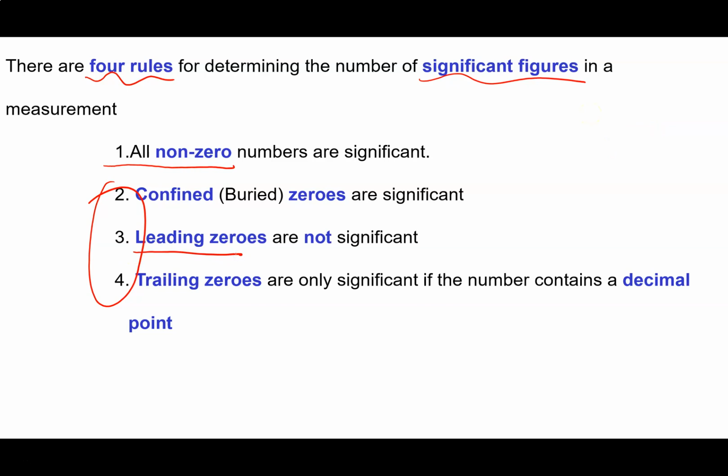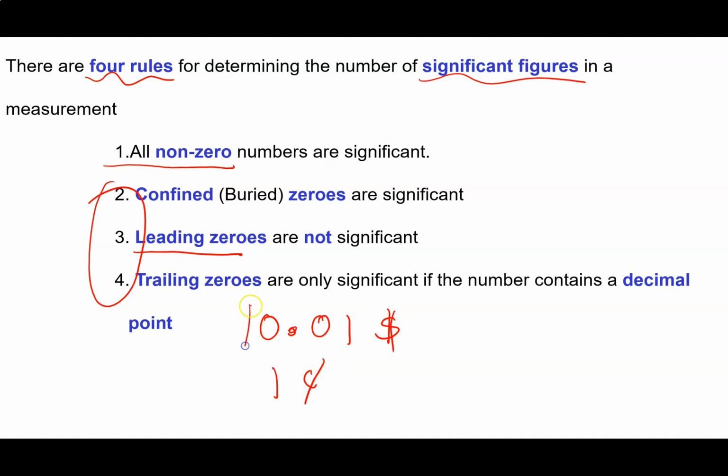Leading zeros are not significant. And the reason is you can just get rid of them by changing the units. So for example, if I have $0.01, I could just write that as 1 cent.